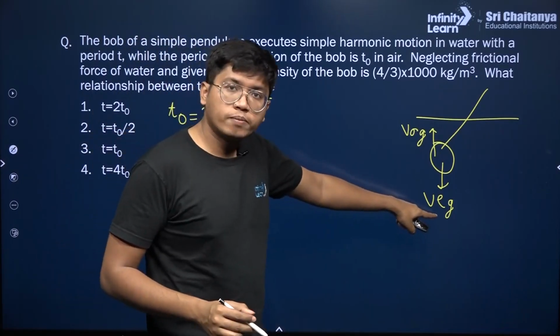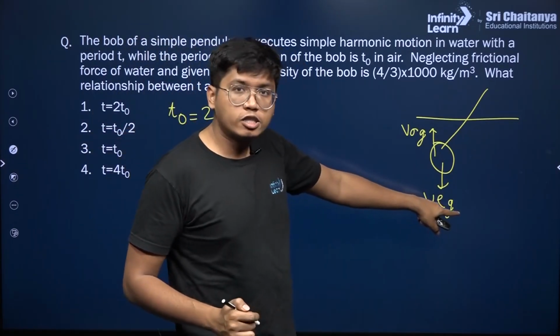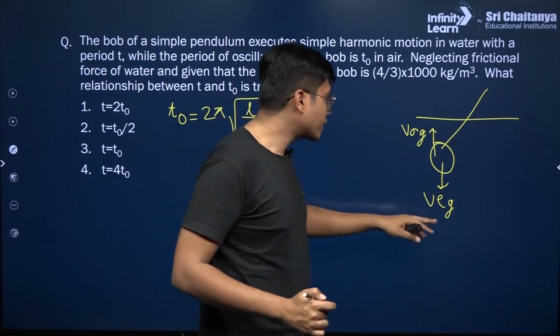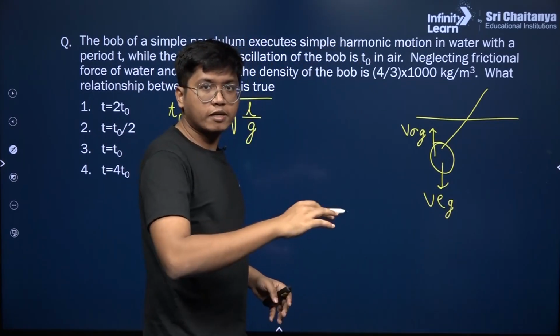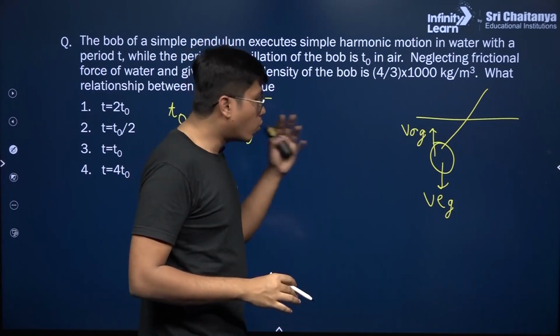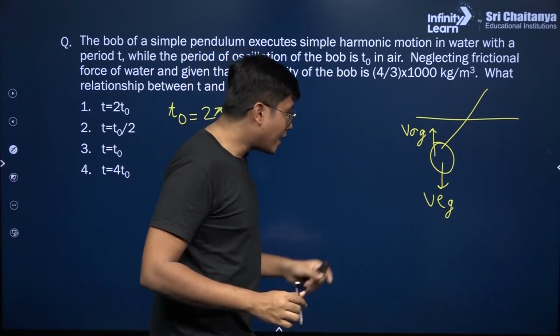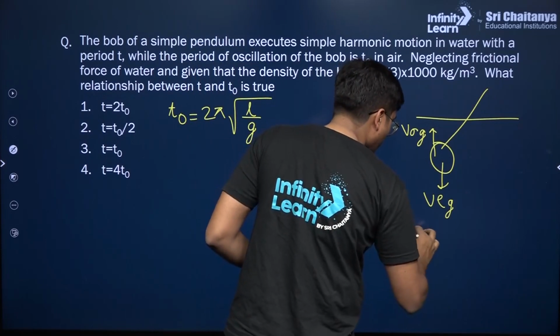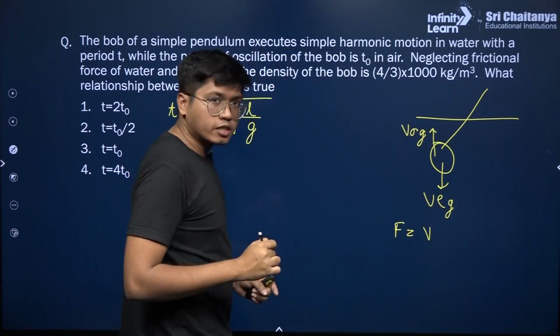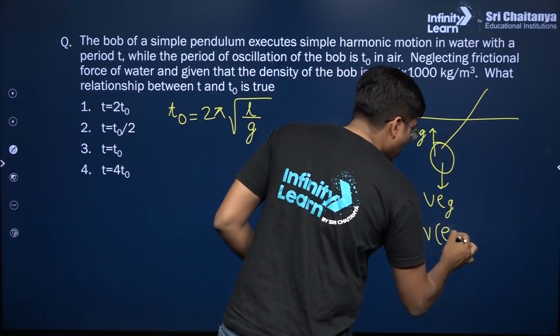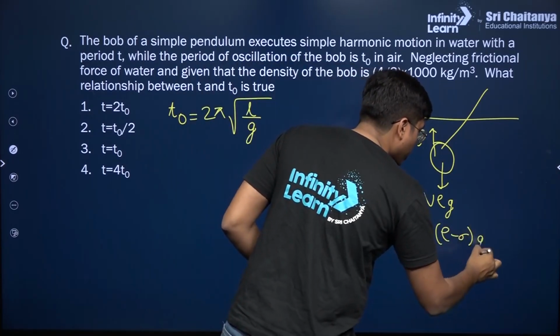Earlier it was V rho g, so you just had the acceleration g, right? Because the acceleration you got from this divided by the mass, V rho g divided by the mass, you got g. But now what is the net force downwards? The net force downwards is actually V rho g minus V sigma g. So V (rho minus sigma) into g.